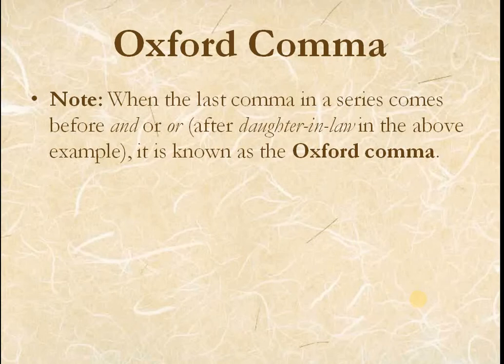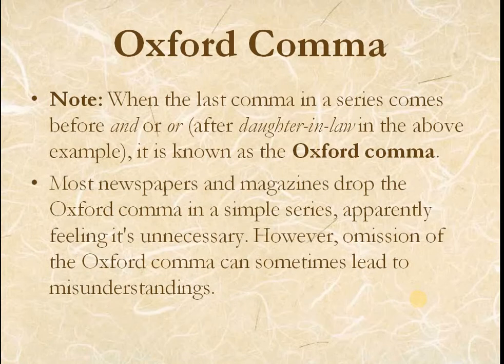What do we mean by an Oxford comma? It is when the last comma in the series, as we saw before in the first example, is placed before the and, or if it's an or, this is called an Oxford comma. Most newspapers and magazines drop the Oxford comma in a simple series, apparently feeling it's unnecessary.